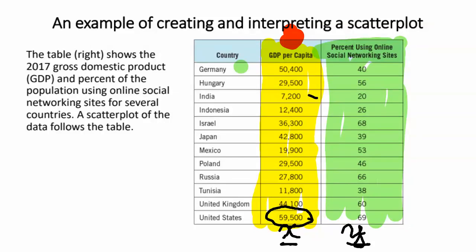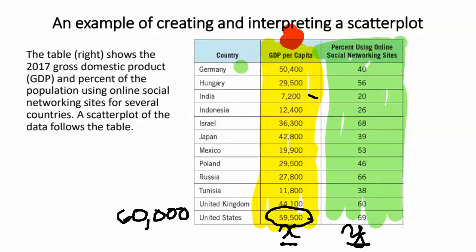Well, the United States is real easy to do. This is 59,500. We are going to make this a little higher, which means we're going to go to 60,000. We always want to be a little higher.